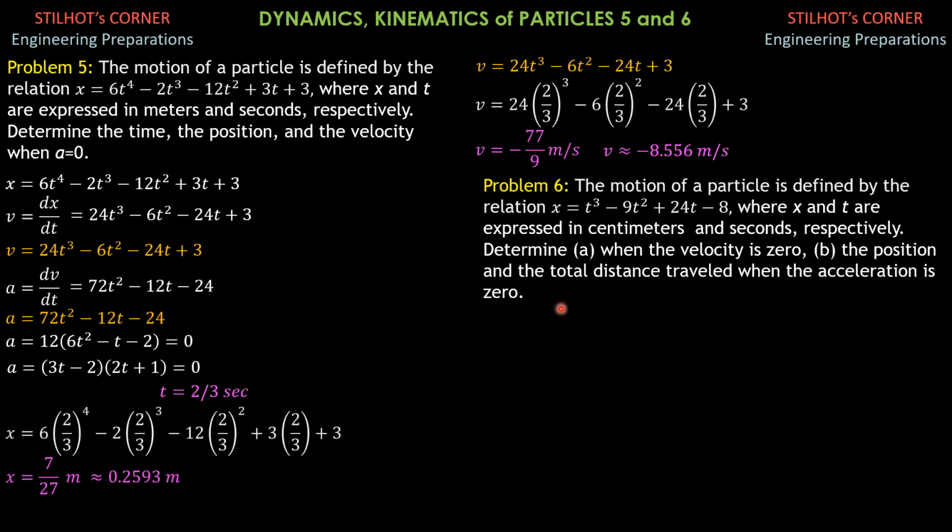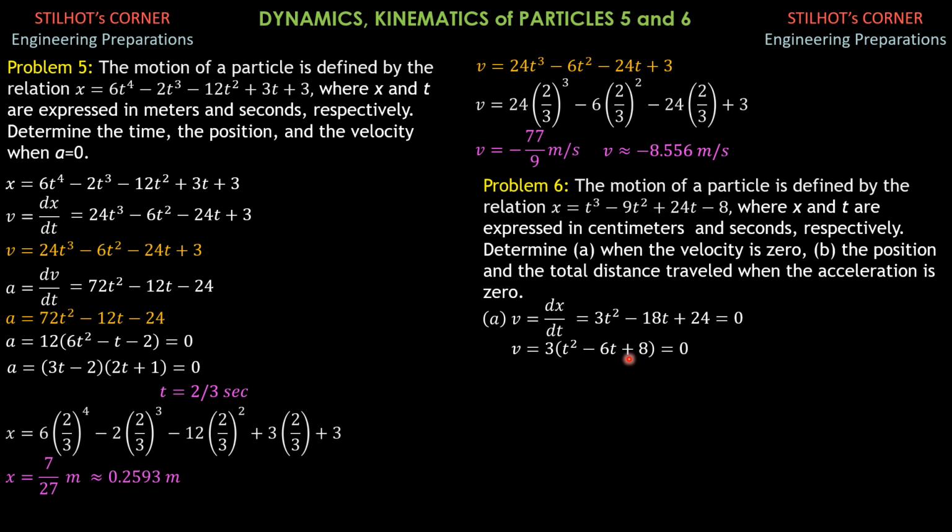So velocity again is the derivative of x with respect to time. So v is dx/dt, and it is equal to 3t squared minus 18t plus 24. Then equating to 0, factor out 3. So v is 3 quantity t squared minus 6t plus 8.